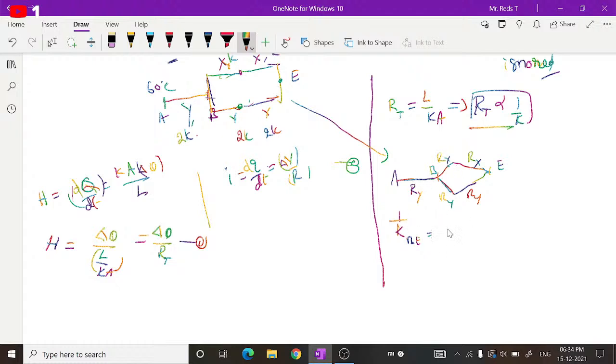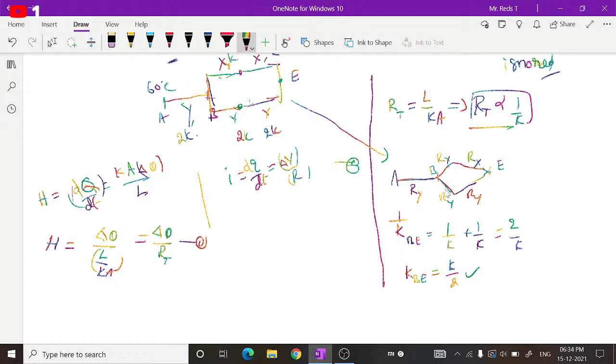Thermal conductivity is 1 by K1 plus 1 by K2, so 1 by K plus 1 by K is equal to 2 by K. So you can say the effective thermal conductivity between B and E is K by 2.